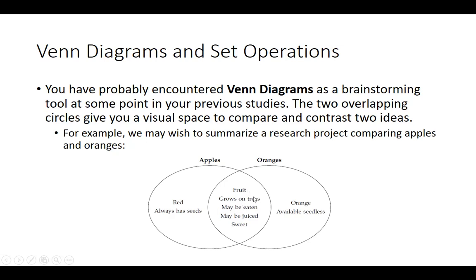Fruit grows on trees, may be eaten, may be juiced, sweet, just some of the things that apply to both apples and oranges. You know, they say it's like comparing apples and oranges, and they're two different things, but there's actually a lot in common between apples and oranges.